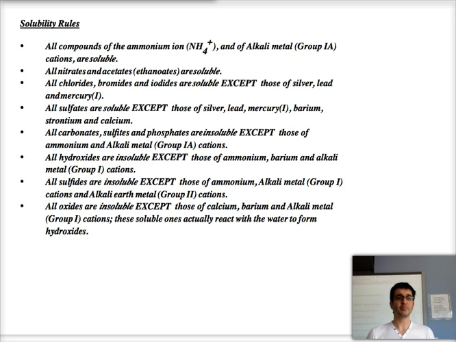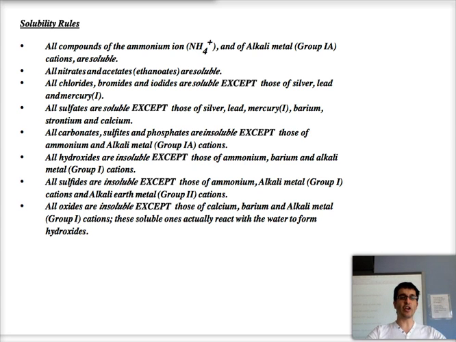Now, most chlorides, bromides, and iodides are soluble, except those that are combined with silver, lead, or mercury 1. Similarly, most sulfates are going to be soluble, except those of silver, lead, mercury 1, barium, strontium, and calcium. So basically, most of the sulfates of group 2 are insoluble. All right, so that is important to know.